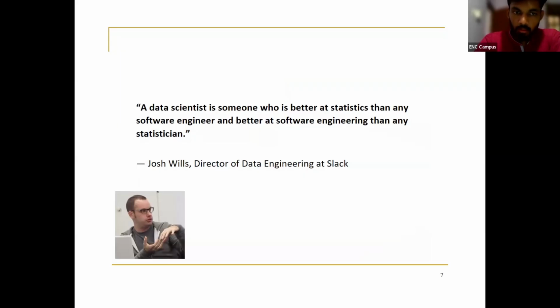As Josh Wills says, a data scientist is someone who is better at statistics than any software engineer and better at software engineering than any statistician. So that means basically you need to know both programming and some sort of statistics, right?